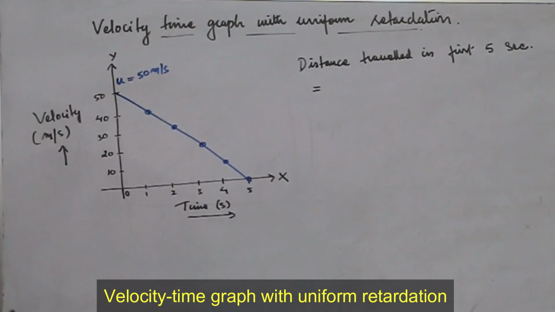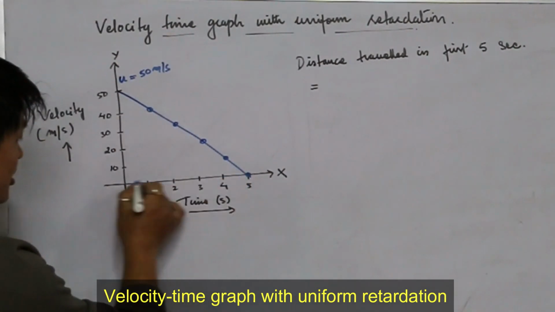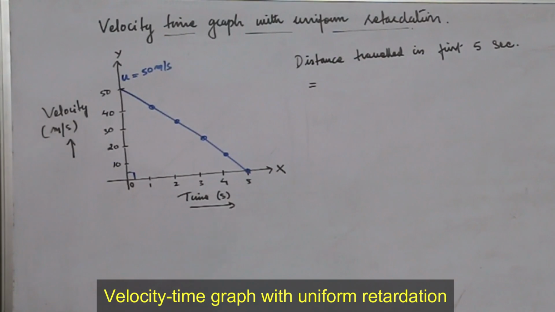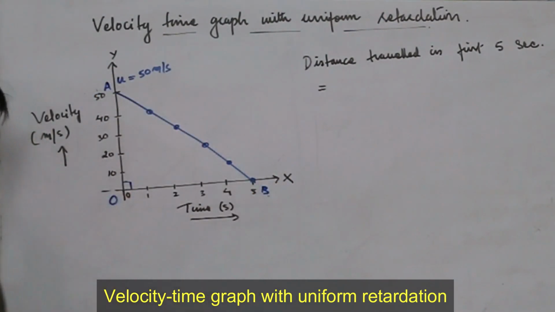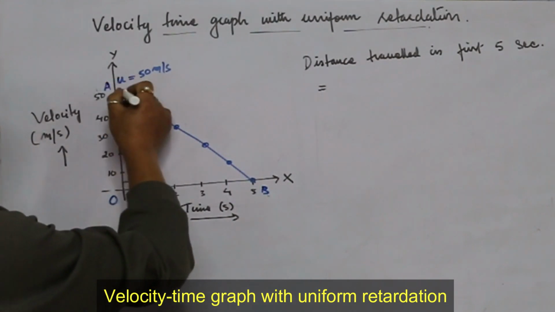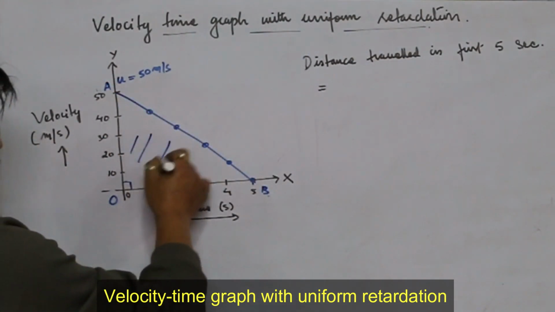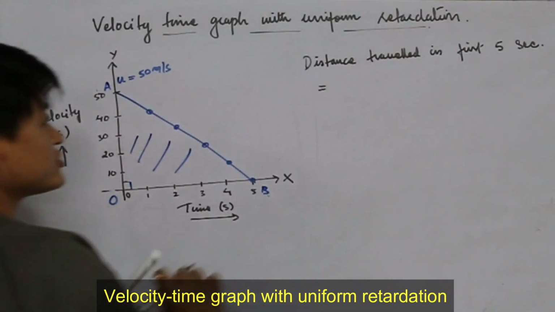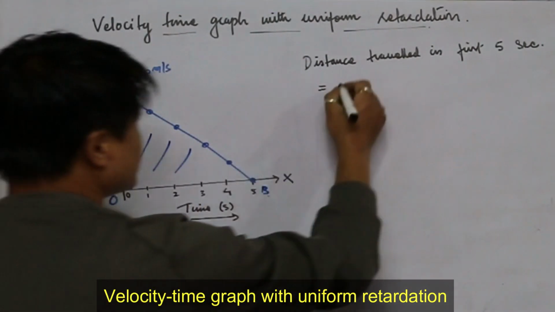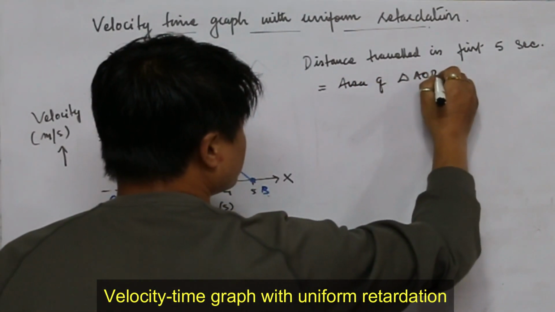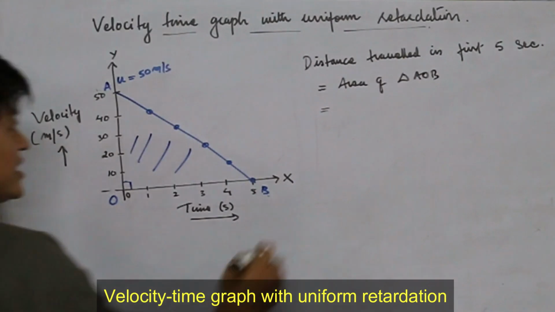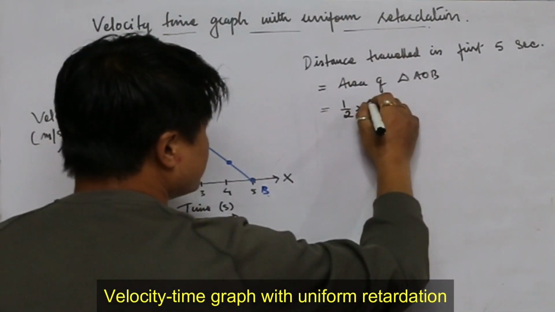Distance traveled in the first 5 seconds means it is again forming a right angle triangle here. Let this be A, this be B, and this be O. So distance traveled in the first 5 seconds is the area enclosed between the velocity time graph and the x-axis here. So it is the area of triangle AOB. This is a right angle triangle. Area will be half into base into height.